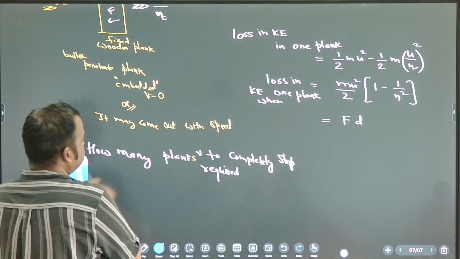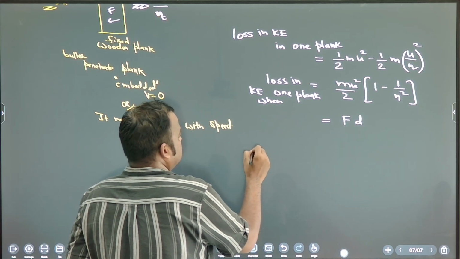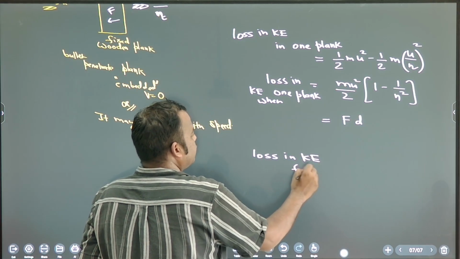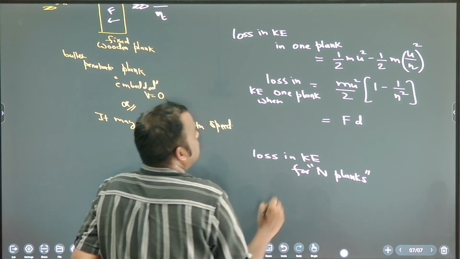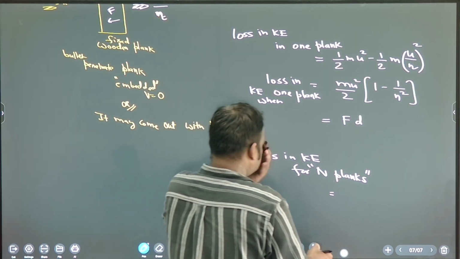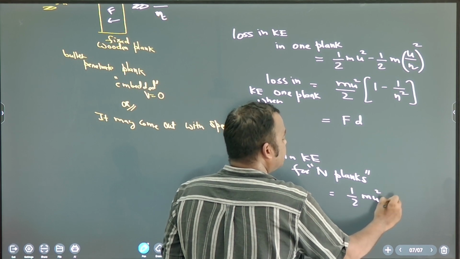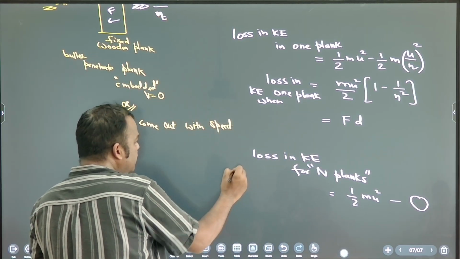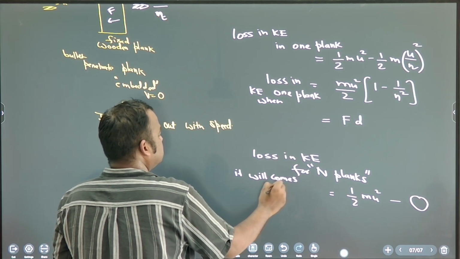Now the loss in kinetic energy for N planks. So what is the loss in kinetic energy when N planks are there? Initial kinetic energy half m u square, final kinetic energy 0. It will come to rest.